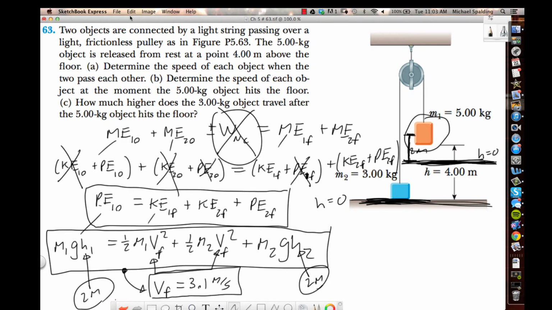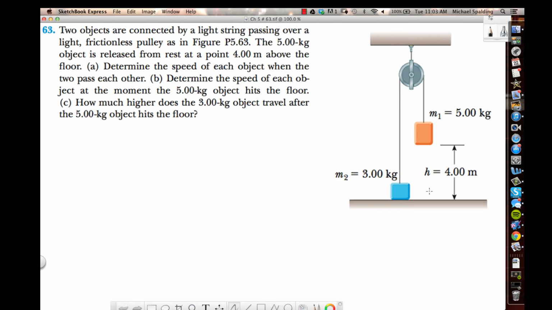Okay, question B, very similar. Now, determine the speed of each object the moment the 5 kilogram object hits the floor. For this problem, I would keep the 0 point as this for both objects, because that's the lowest point for each object.